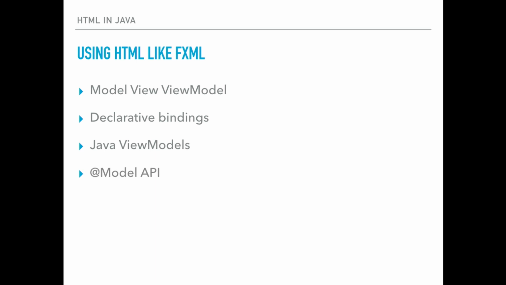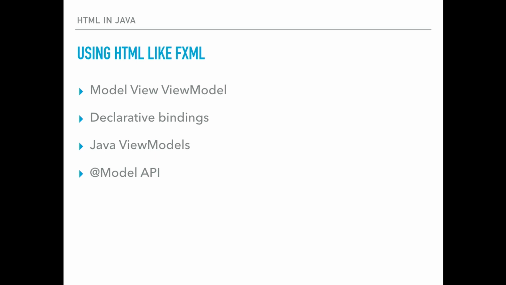So by default, up until the 1st November of this year, we always did that with our own model API. So we have a model API that allows you to define model classes and properties, and these classes will be generated for you, and they will automatically integrate with this structure and APIs. But for JavaFX users, this is just another API they would have to learn.